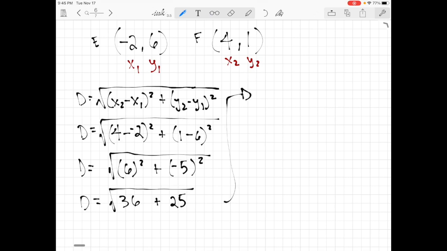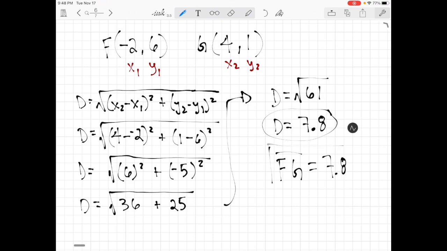So that's going to be D equals 36 plus 25, which is 61. And the square root of 61 is approximately 7.8. So our final answer is FG equals 7.8, and that's the length of FG.